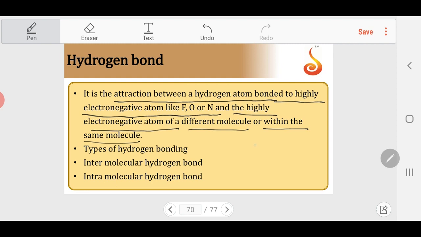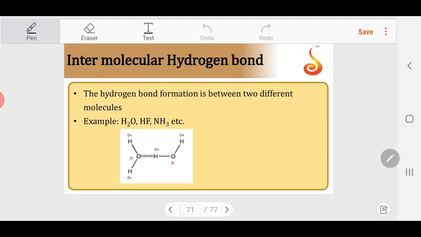These can be present in a different molecule or within the same molecule. So based on bonding within the molecule or outside the molecule, we have two types of hydrogen bonding: intermolecular hydrogen bonding and intramolecular hydrogen bonding. In intermolecular hydrogen bonding, the hydrogen bond formation is between two different molecules. If I take H2O here, you can see very clearly oxygen is the more electronegative atom.